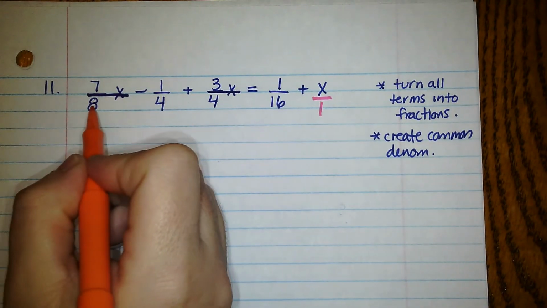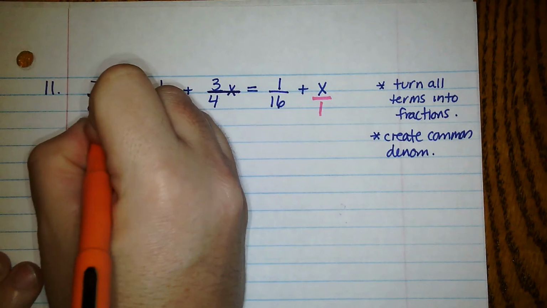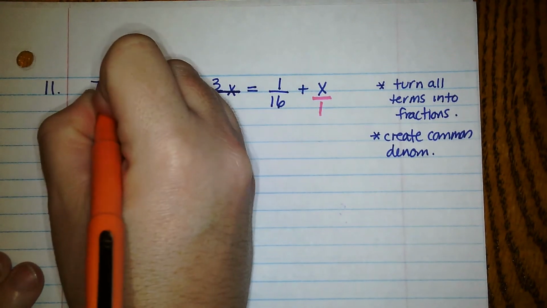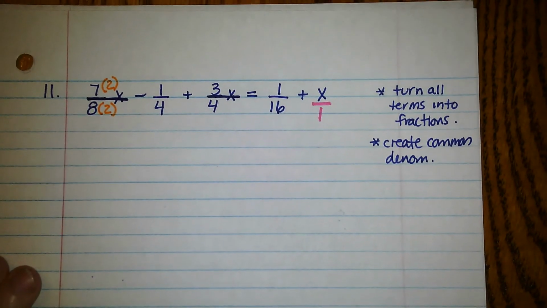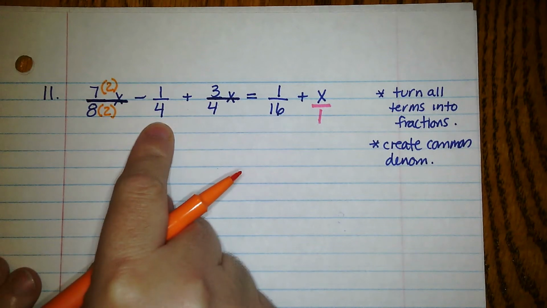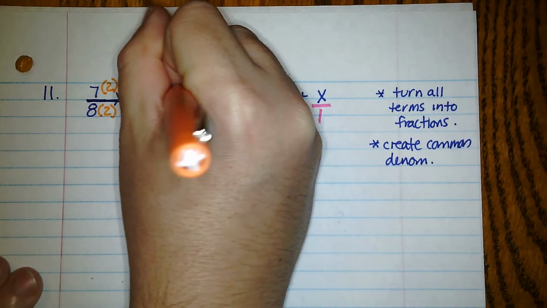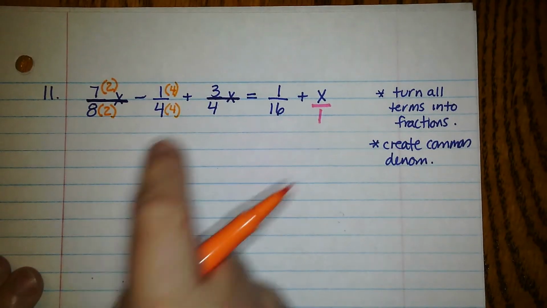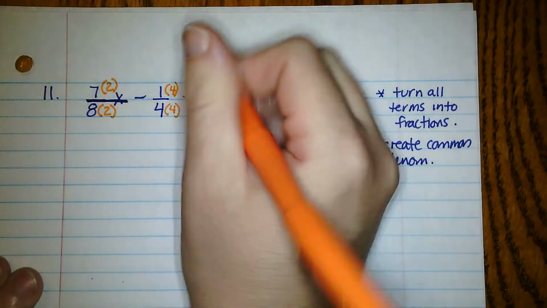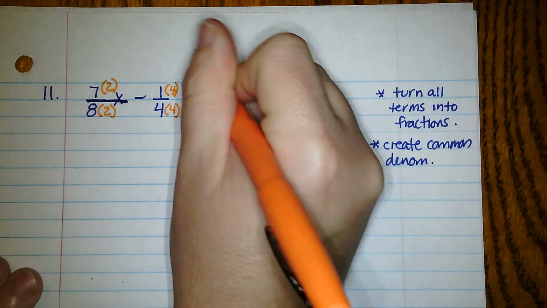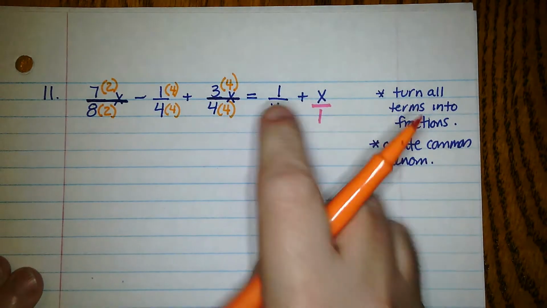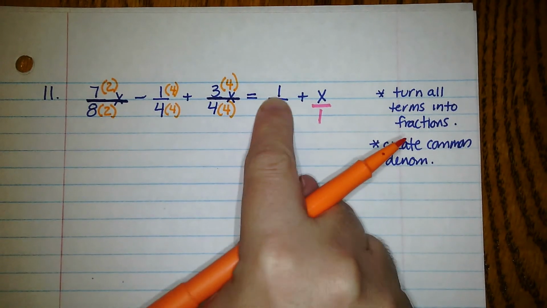To turn 8 into a 16, I have to multiply by 2 top and bottom. To turn 4 into 16, I have to multiply by 4 top and bottom. Same with this one. This is a 4, so I have to multiply by 4 top and bottom. This already is a 16, so I leave this one be.